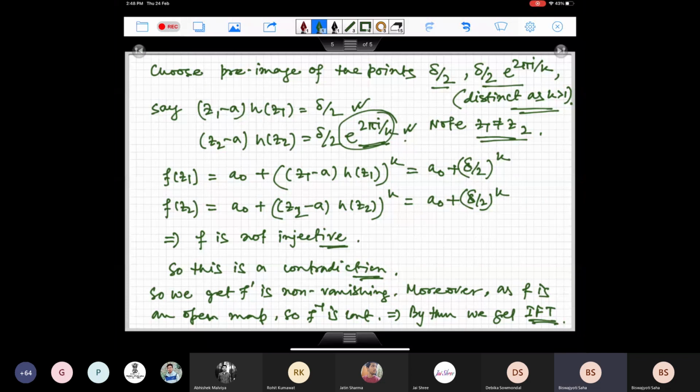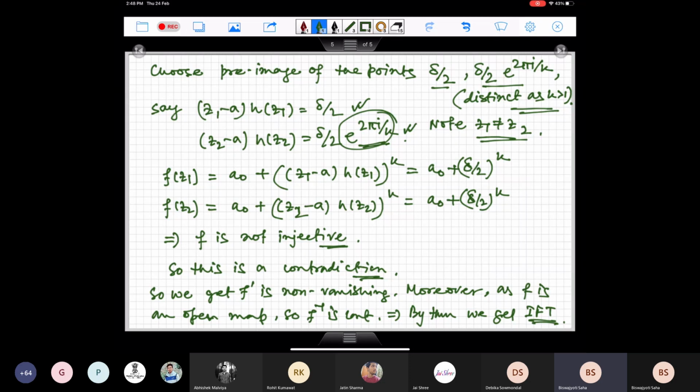If k is odd, then on R you are not going to get a different kth root of unity other than 1, isn't it? So here effectively I got the contradiction by using the fact that once k is bigger than 1, I will be able to find a root of unity which is different from 1.